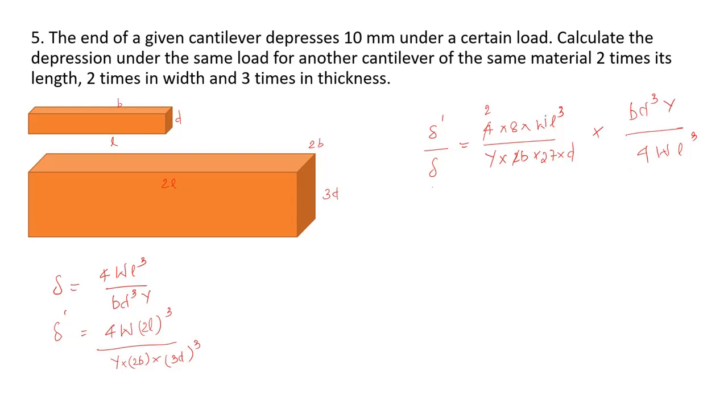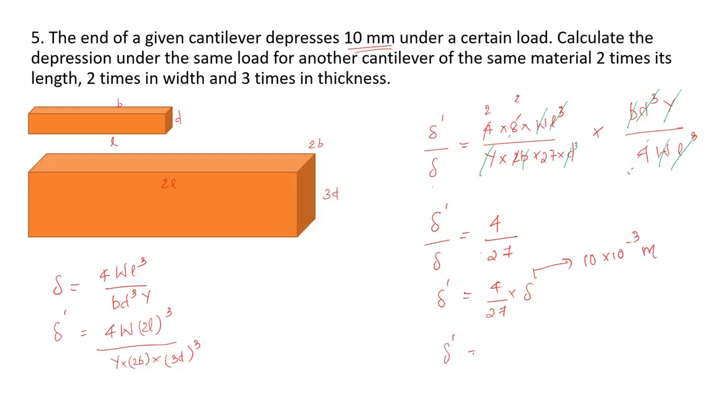Now let's cut off all those that are possible. We can cut off all the variables, and delta dash by delta will become nothing but 4 by 27. Therefore, delta dash will be 4 by 27 into delta. But we know the value for delta is given as 10 millimeter, so 10 into 10 to the power negative 3 meter.